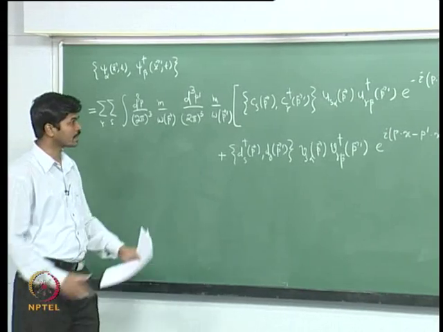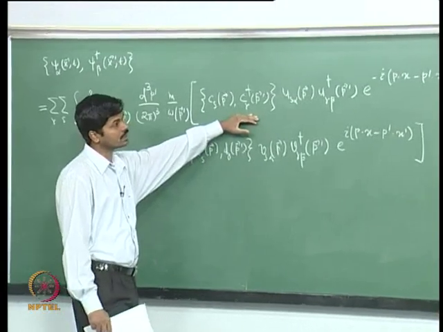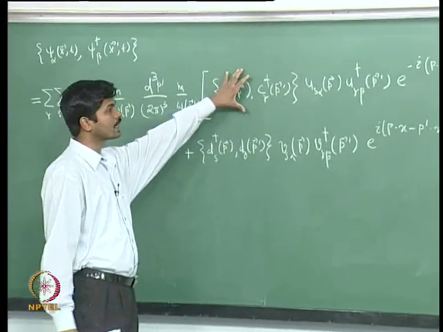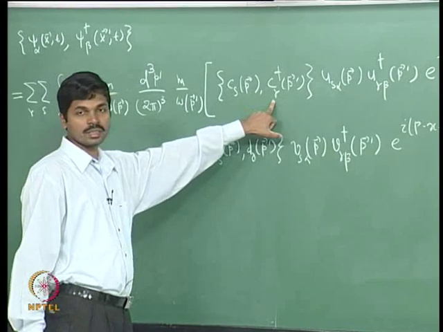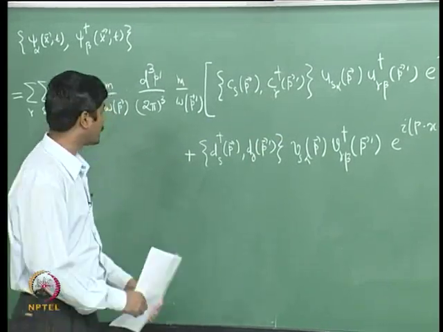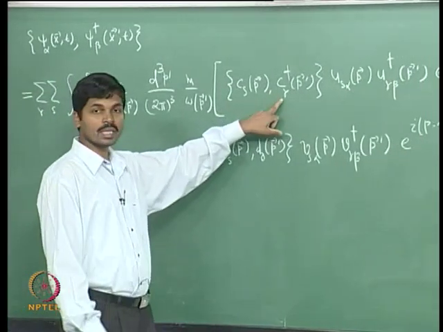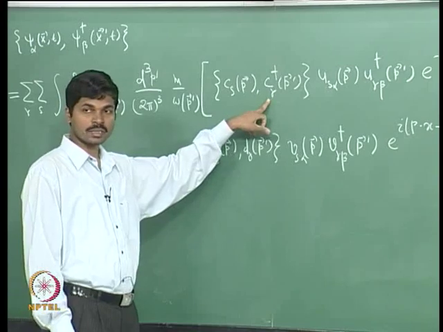Now, let us simplify this. We know what the anti-commutation relation is here. It is just, up to some normalization, delta R s times delta of p minus p prime. So, let us substitute that, and then we will carry out the p prime integration.